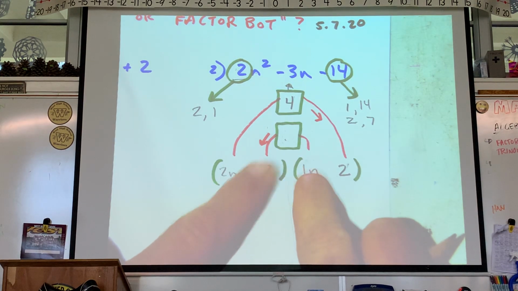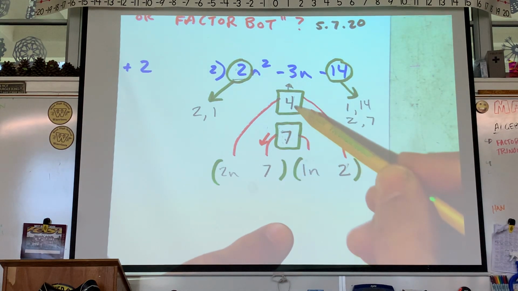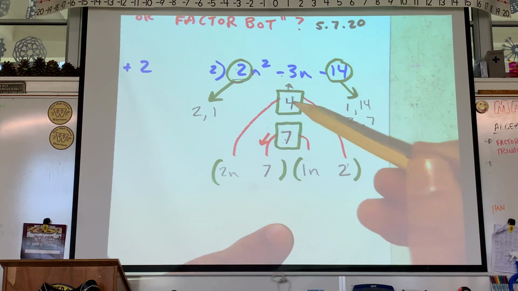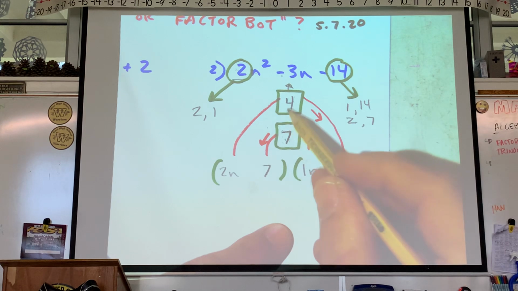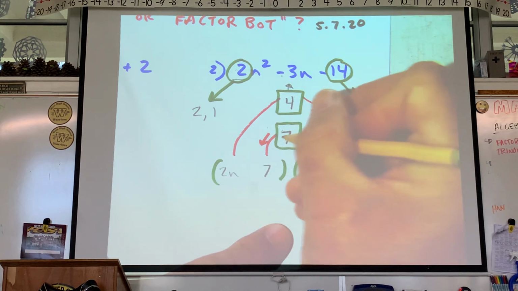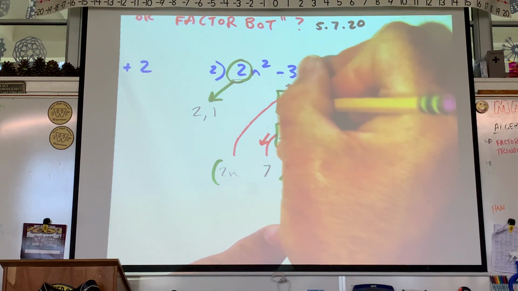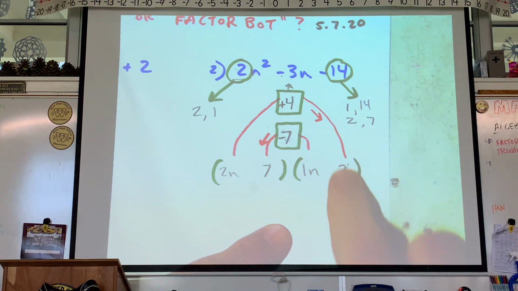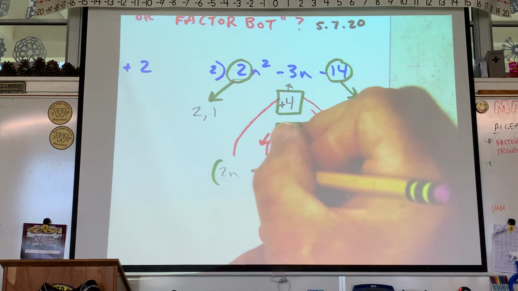The inside, 7 times 1 is 7. I have to get to a -3 with a 7 and a 4. Well, my number line says that -7 plus 4 is -3. I'm going to put my negative right there and my positive right there. I know that my positive sign falls down this side and my negative sign falls down this side.